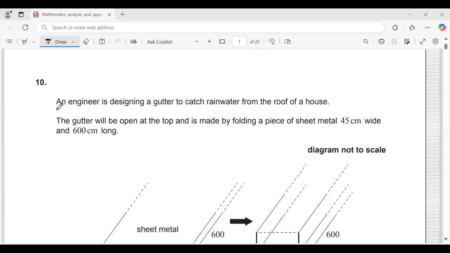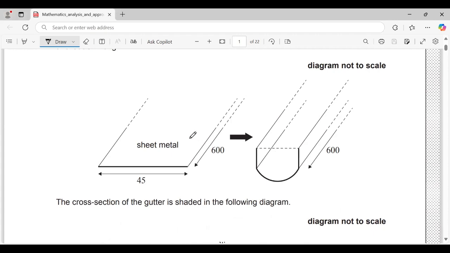Number 10. An engineer is designing a gutter to catch rainwater from the roof of a house. The gutter will be open at the top and is made by folding a piece of sheet metal 45 centimeters wide and 600 centimeters long. This is the gutter.